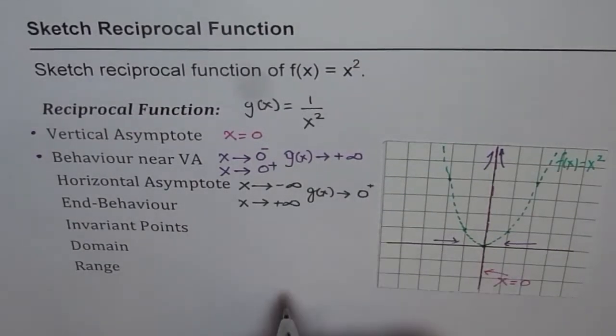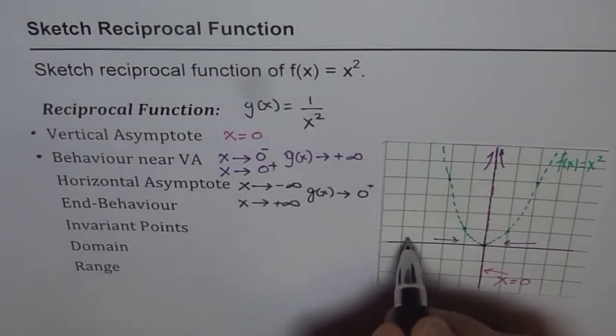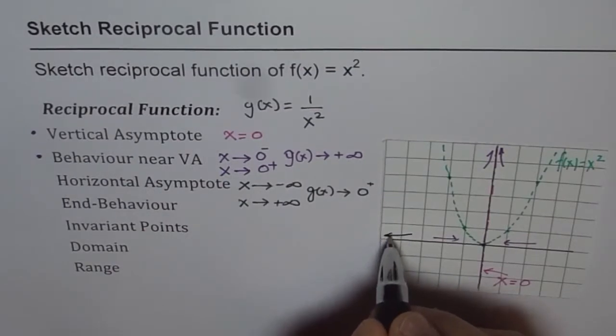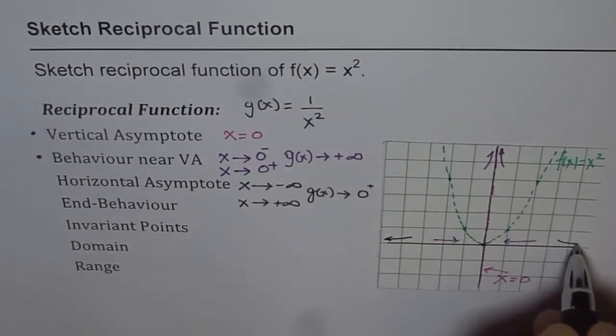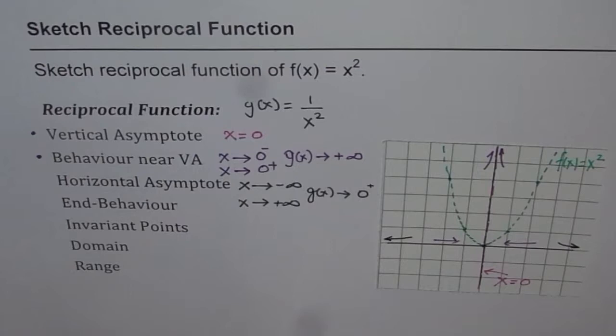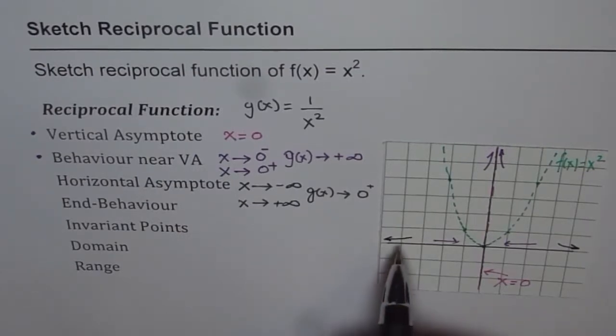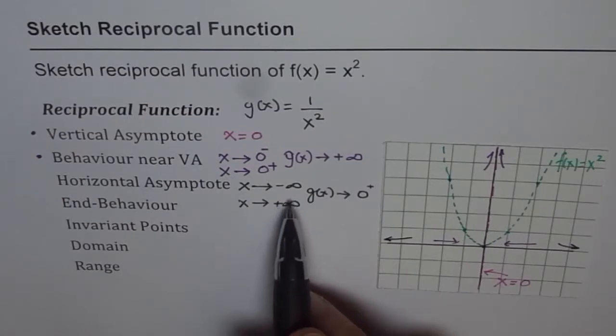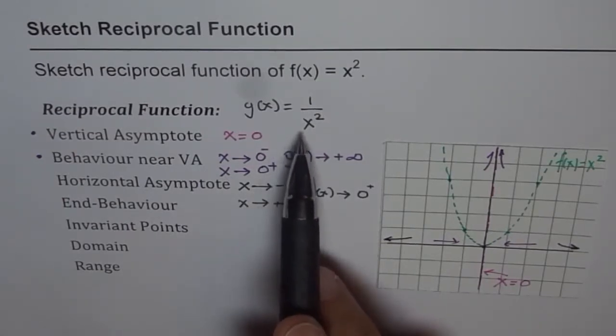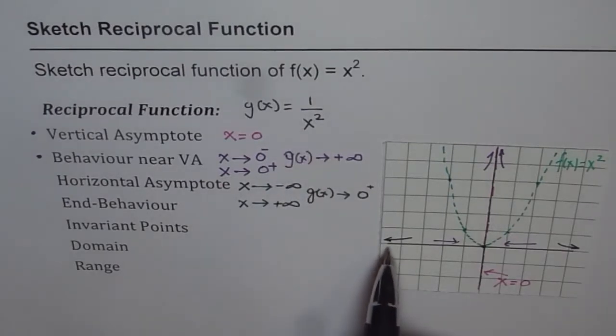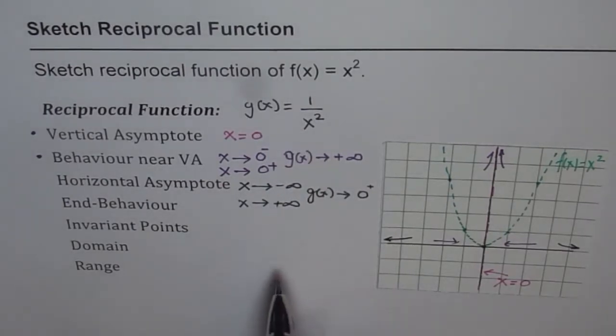So that's a kind of behavior, right? The function approaches 0 kind of like this. That is how the function approaches 0 as we increase the value of x towards minus or plus infinity. For a very, very high value, the function approaches 0 but still remains positive. That is kind of critical to understand.